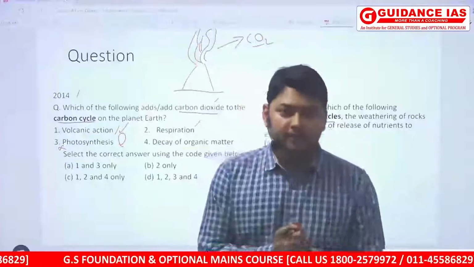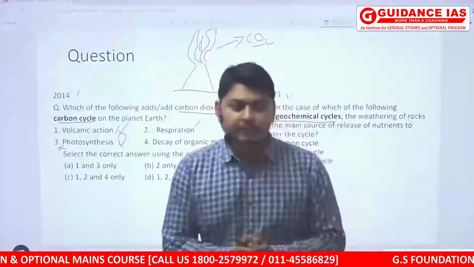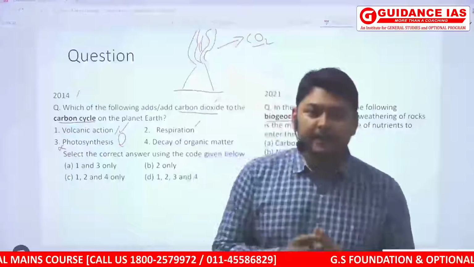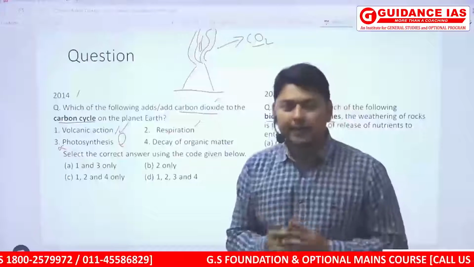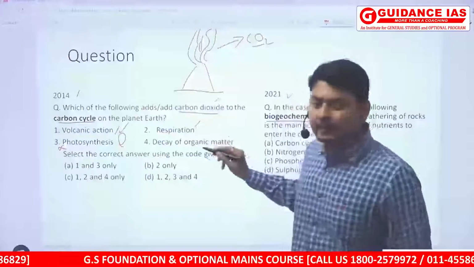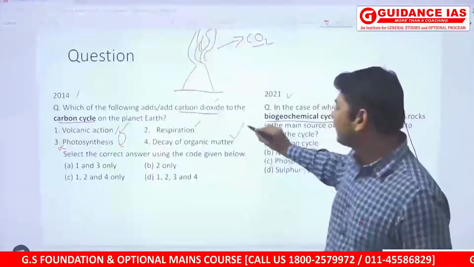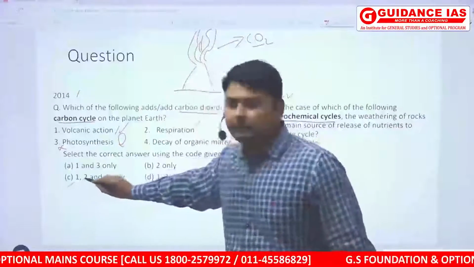We have starch. If we take glucose, it also contains carbon. So carbon is included in almost all the intakes of all animals. If it is taking in carbon, then it will release carbon also. So the answer here is 1, 2, and 4.